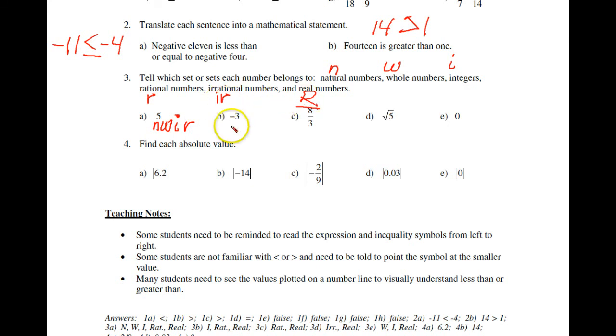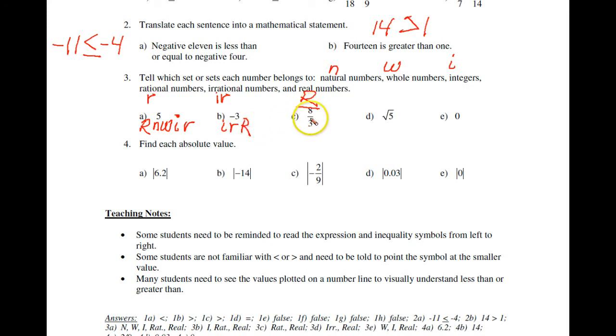And it's real. So we can put the R there. Now, negative 3, is it natural? No. Is it a whole number? No. But it is an integer, it is rational, and it is real.